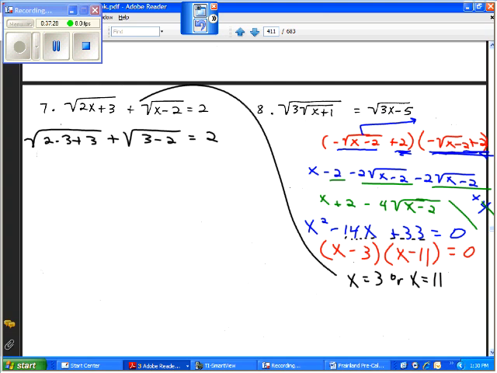So we plugged in the 3 in place of x. So we're going to have square root 9 plus square root 1 equal 2. So we get 3 plus 1 equal 2. So 4 equal 2. Not true. So we have to cast out the 3. It is an extraneous solution.